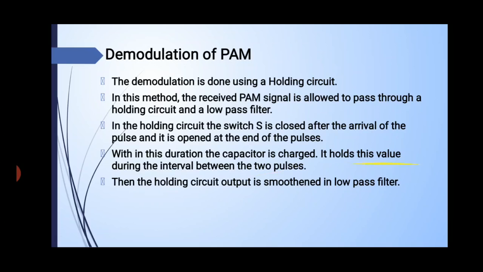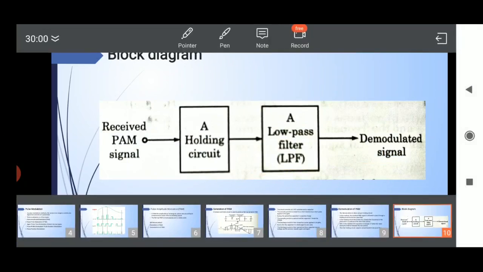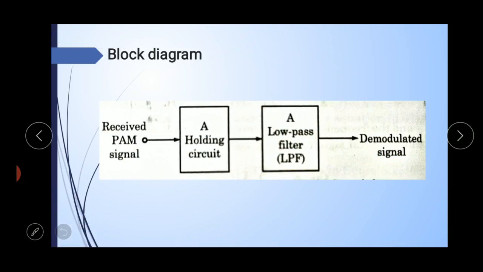So this one is the block diagram. This block diagram consists of two blocks, that is a holding circuit and a low pass filter. The received pulse amplitude modulated signal is allowed to pass through a holding circuit and a low pass filter.